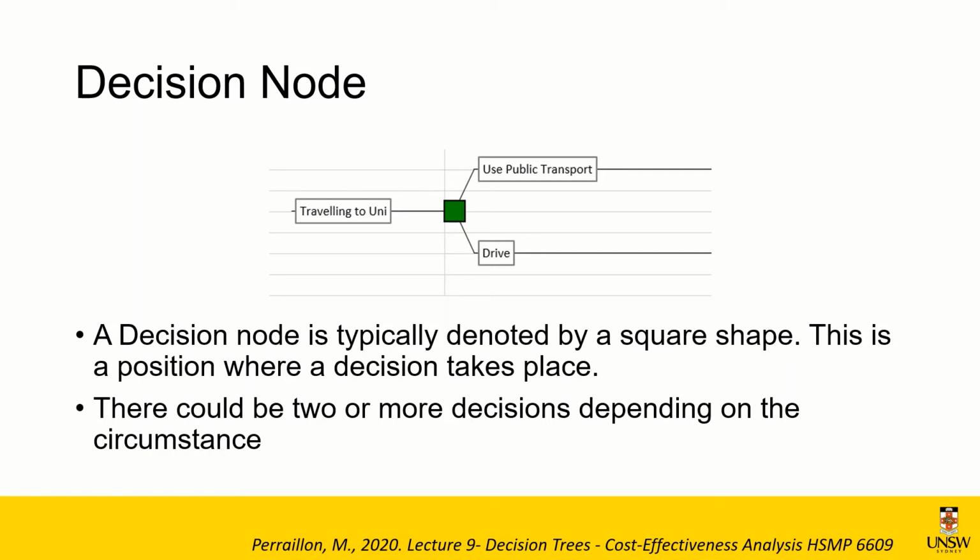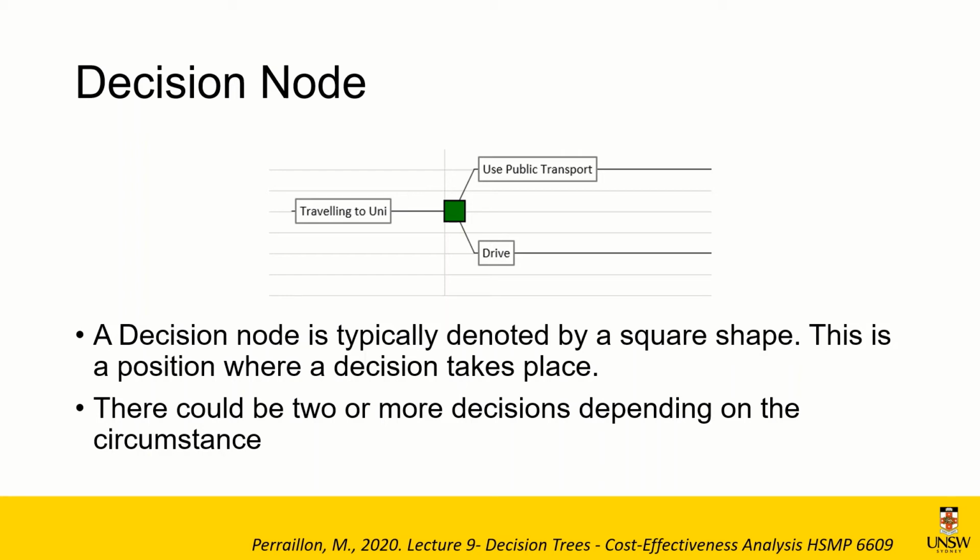Again, we have the assumption that the person who's facing this decision has the ability to go through the public transport and drive as well. So that's why there's two decisions. This is one particular example that we would be taking every day, every morning, right?